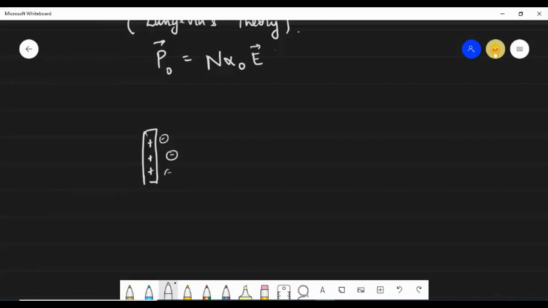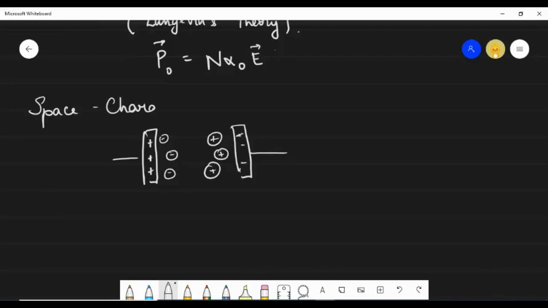So if the space near the electrodes gets electrified or gets charged due to the high field, space near the capacitor plates is getting charged, then that is called space charge polarization. In case of dielectrics that are homogeneous, the contribution due to space charge polarization is negligible.